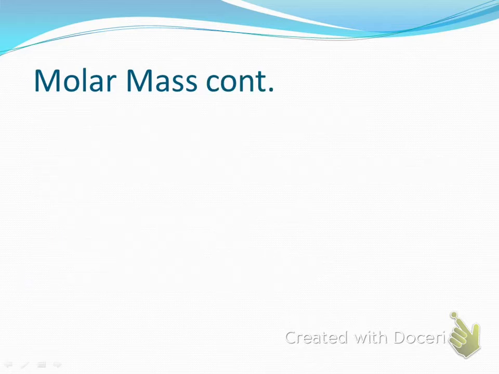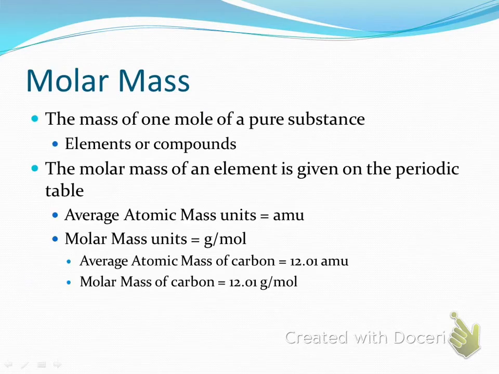Okay, so for example, there's carbon, right? The atomic mass of carbon is 12 AMU. The molar mass of carbon is 12 grams per mole. Okay, for elements themselves, it's really easy to find molar mass or atomic mass because it comes right off the periodic table. Okay, but today we're going to focus on finding molar mass of compounds. Okay, you need to make sure that you understand the difference in the units.